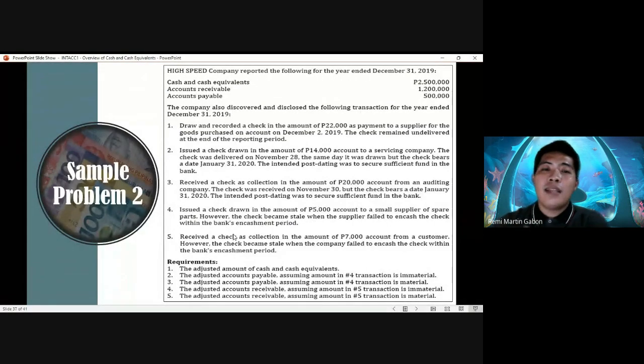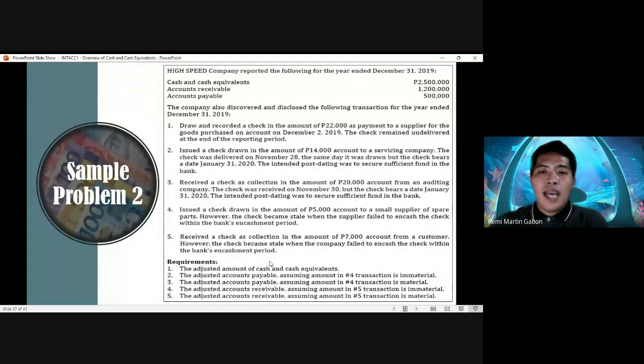So we, as the recipient, are really at fault for the non-encashment. So two perspectives, immaterial or material. But regardless, our initial entry is debit cash or cash in bank and credit accounts receivable, because it was a collection.